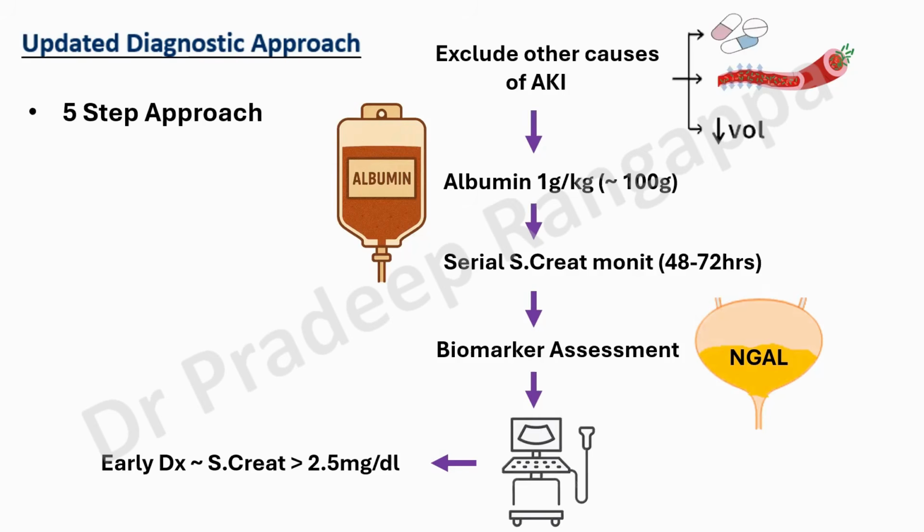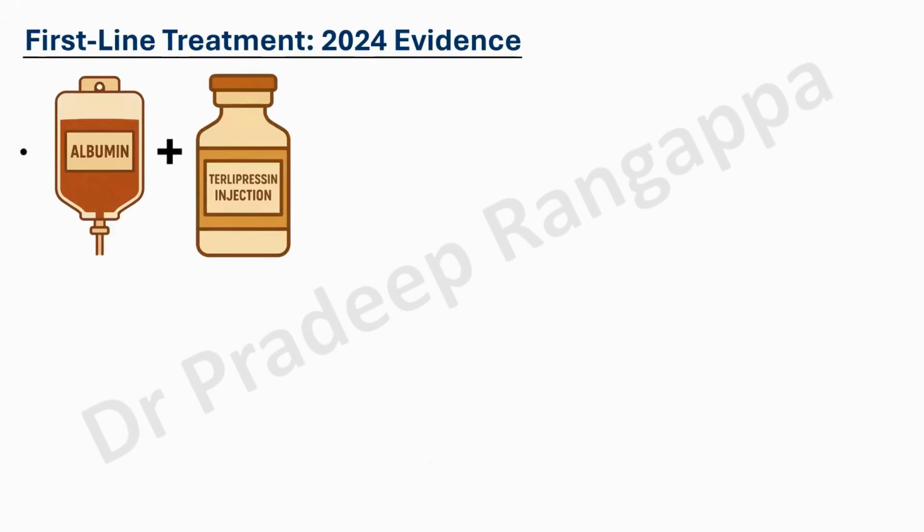You can use a biomarker assay and do an ultrasound. The evidence indicates that reversal of acute kidney injury is much better if creatinine is less than 2.5 and not allowed to go beyond. After 2.5, it is hard to reverse with albumin and terlipressin. We'll talk about it. So this is the five-step approach.